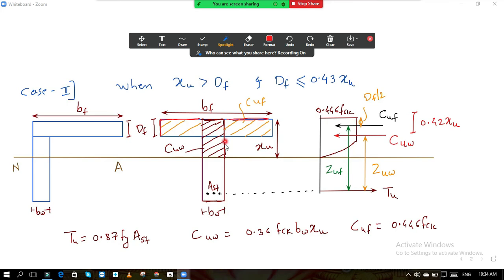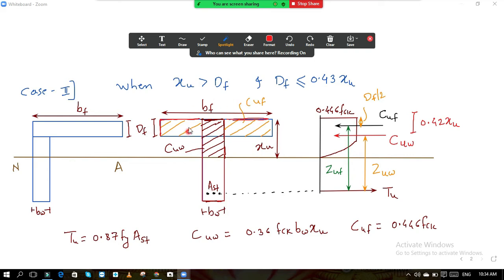But when you talk about the web, the CG of the web, the compressive force CUW is not in the topmost range, it is below the top. That is why the stress intensity decreases, and that decreased stress intensity is 0.36 FCK.